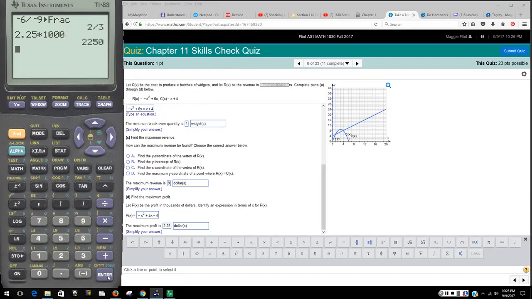Now, in reality, you should realize that simply moves your decimal 3 places to the right, but it never hurts to check yourself. So put 2.25 times $1,000, and that means that our profit here is going to be $2,250. Be sure you use the right units. Watch your problem language, okay? And we're ready once again to move on.